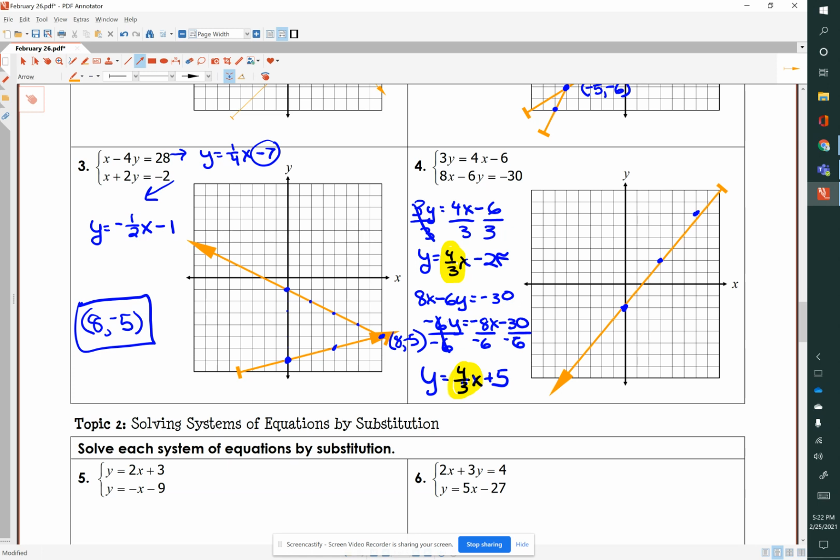And the second equation has a y-intercept of +5 and again a slope of 4/3.